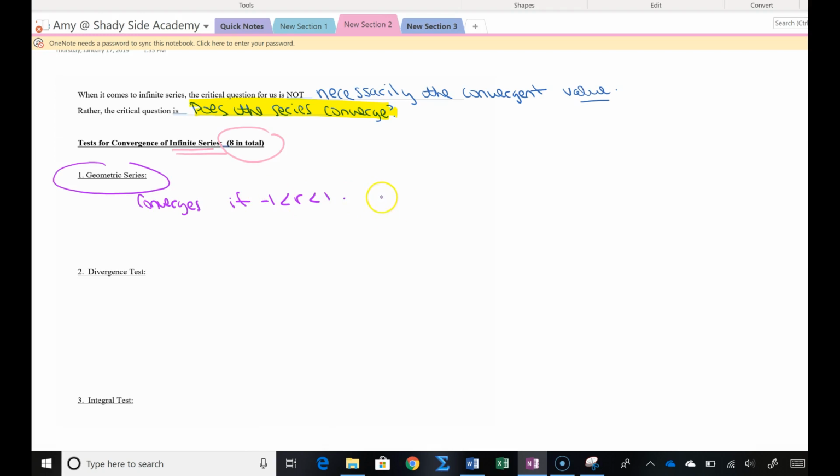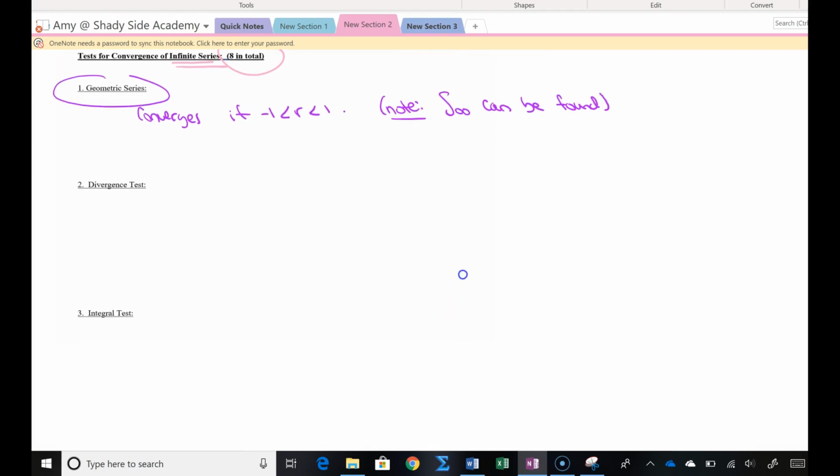And once again, a side note: in this case, if the series converges, because we have that nice little formula, we actually can find what that convergent value is. But like I said above, that won't necessarily be the critical question.